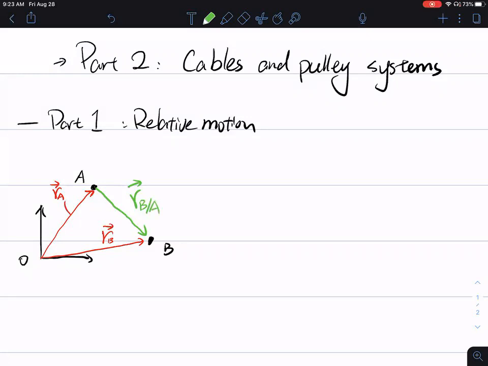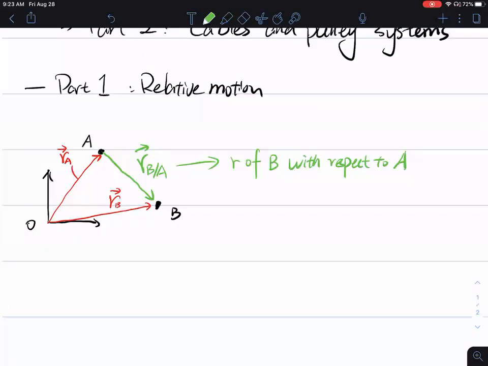So here is important, this RB/A is a position of B with respect to A. Or you can say it's a position of B observed from point A. So here the wording is important.